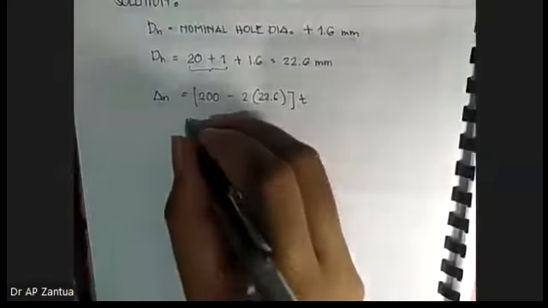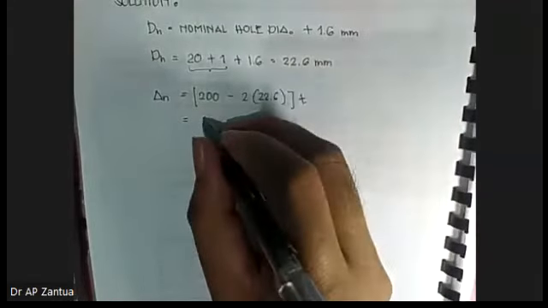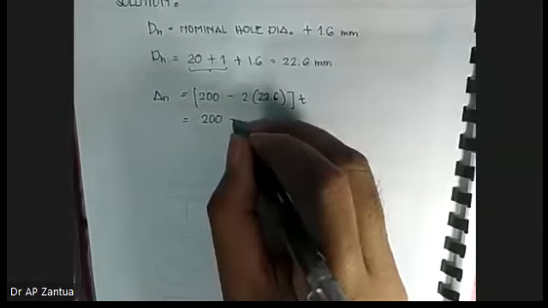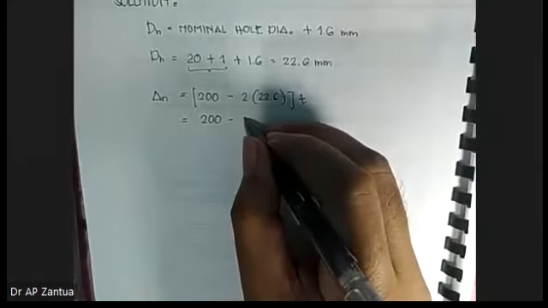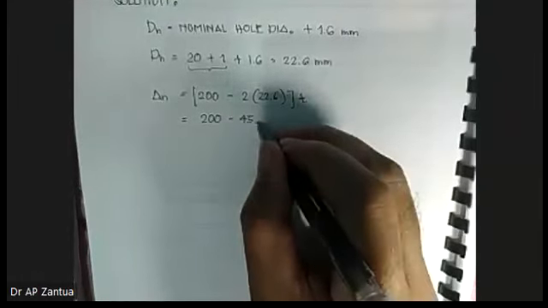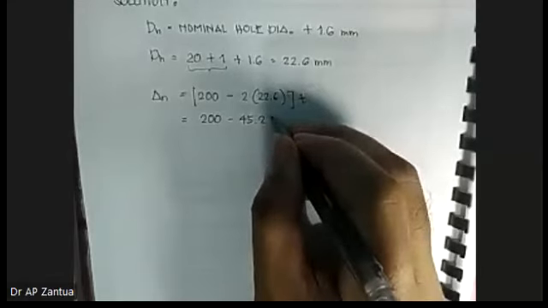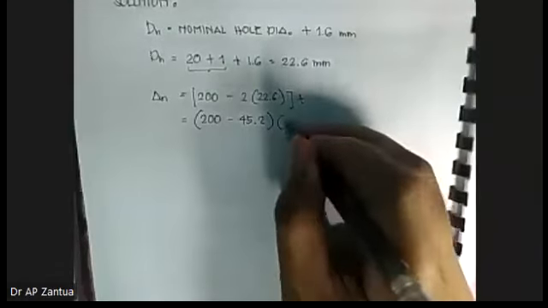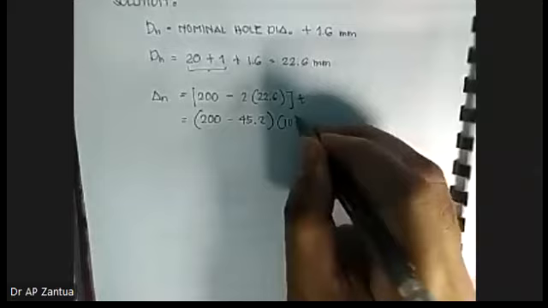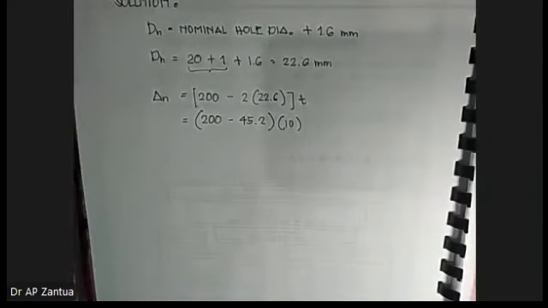Okay, so we have 200 minus 45.2 times 10. Okay, the thickness is 10. So how much is that? 154.8.